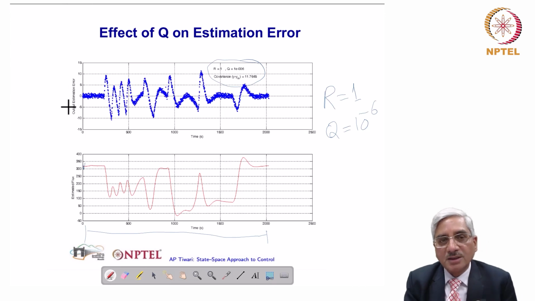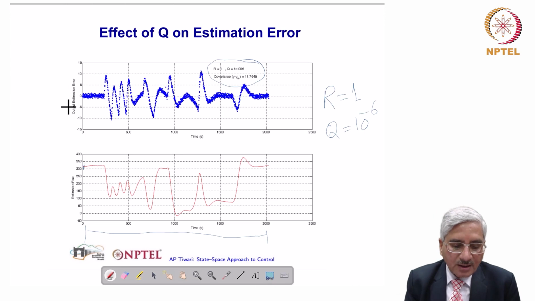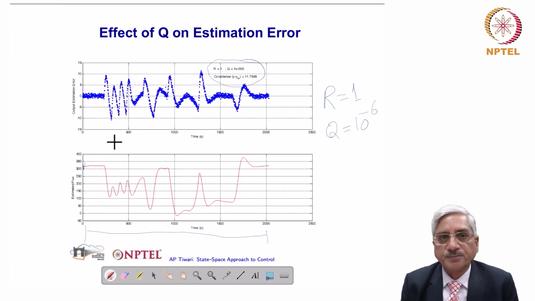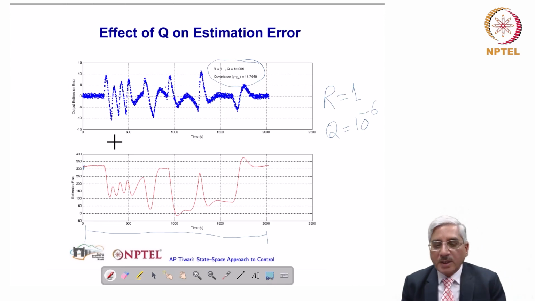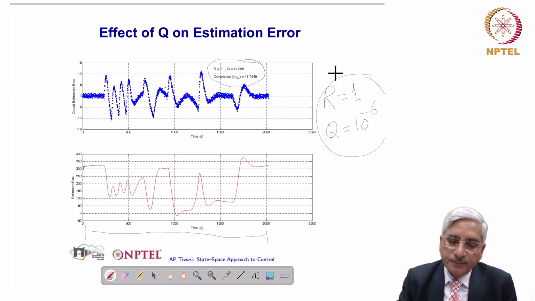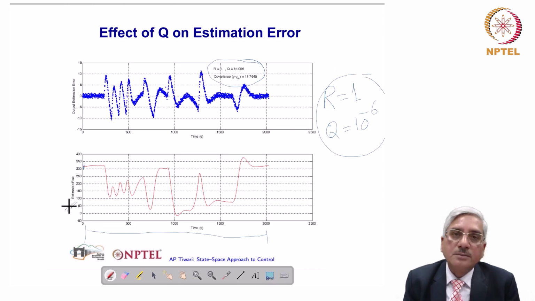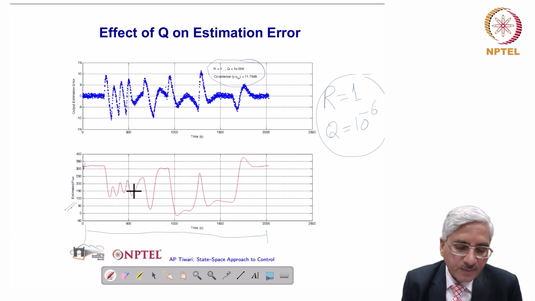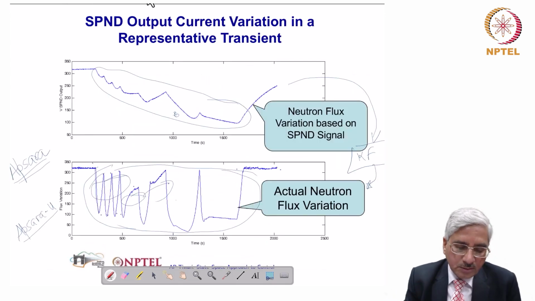It is on, so it has achieved some kind of steady state, and as the system undergoes the transient, this recursive implementation is done even in the offline situation. So when it is done for these values of Q and R, this is the estimate.